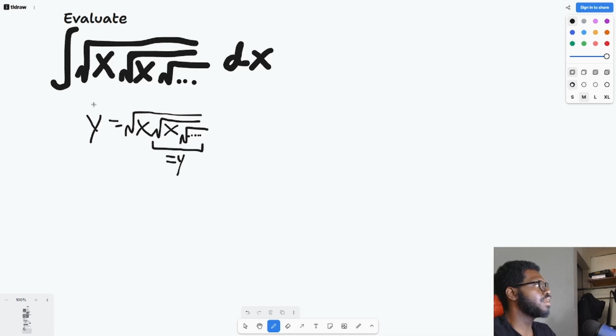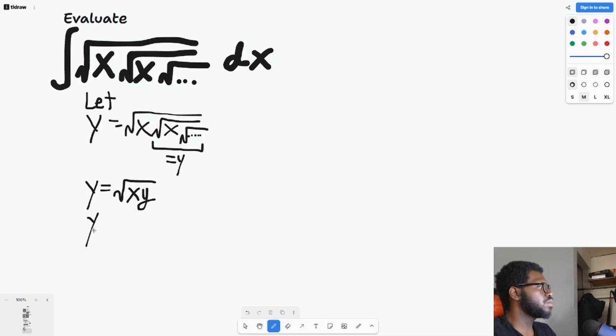So we can rewrite the equation as y is equal to the square root of x times y, and we're just going to solve for y.